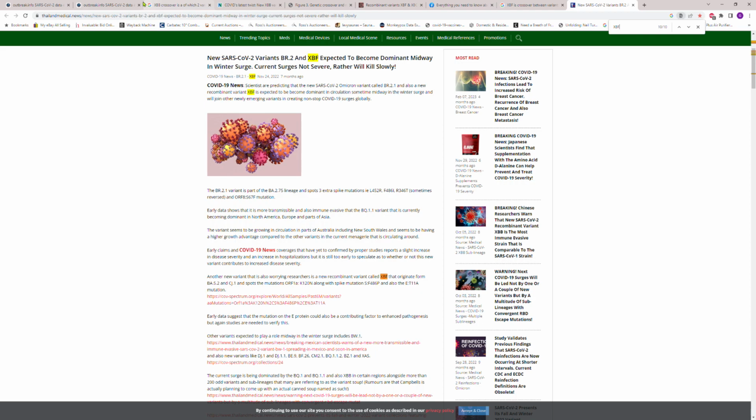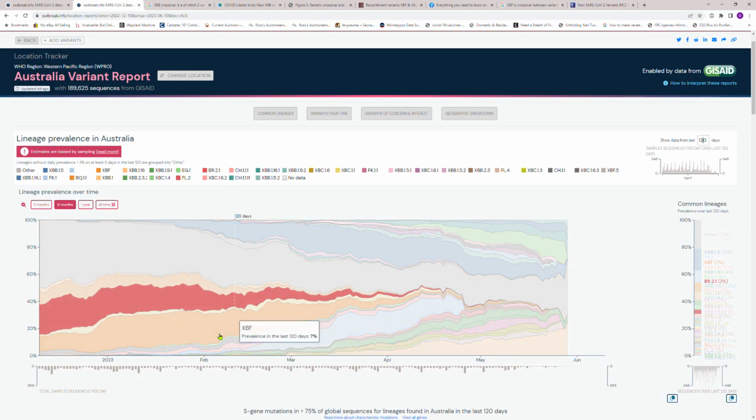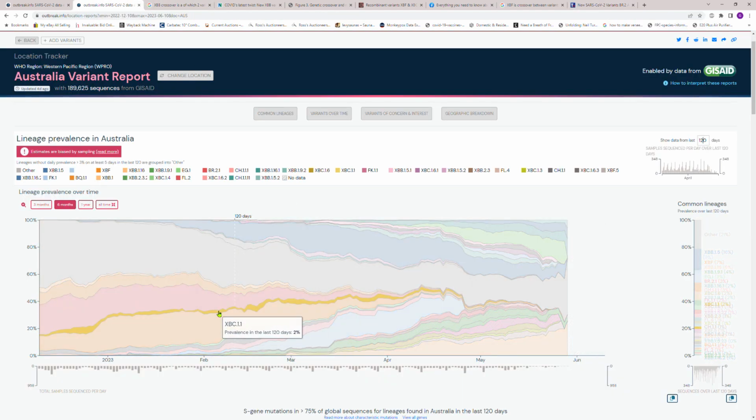Okay, and Australia also had another variant called XBC, which is a recombinant formed from the variant of concern called BA.2. That was in fact the variant of concern in its own right, with the Delta variant. And this one occurred in the Philippines in late 2021 or mid 2021, I guess.